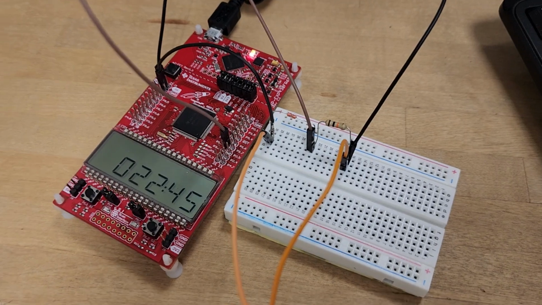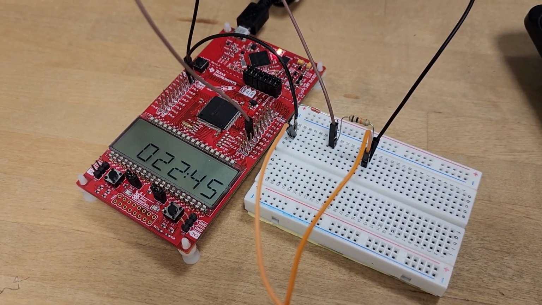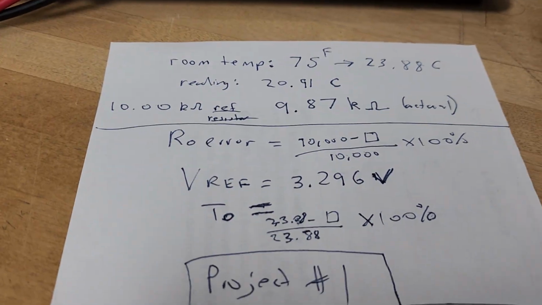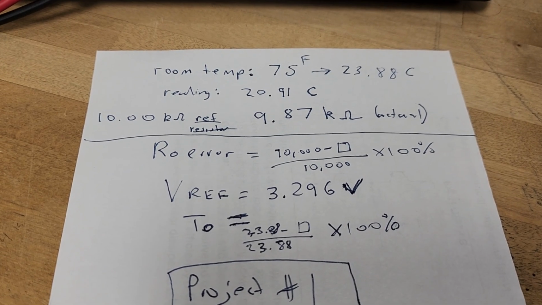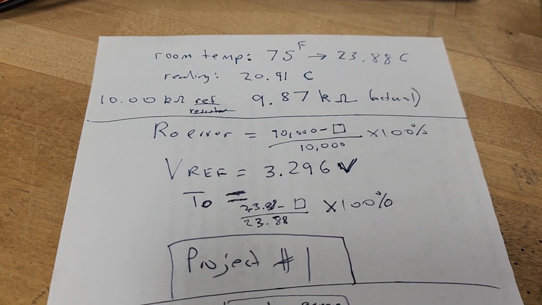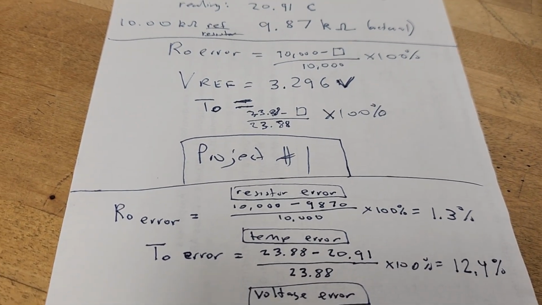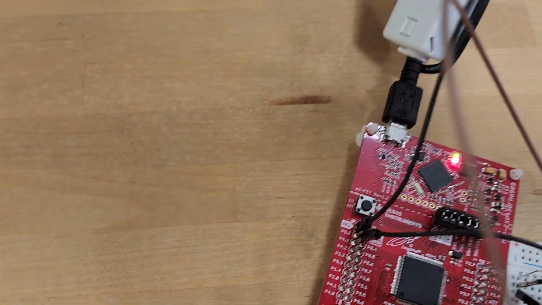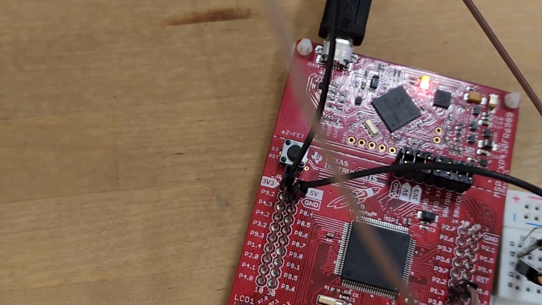And right now this board is displaying the temperature in degrees Celsius, and these are some calculations I did for error and some values that I calculated for the room temperature, the resistance value that I actually had, and the difference between my voltage reference on the board, which you can see says 3.3 right here, but I measured that to make sure because it changes depending upon the board.